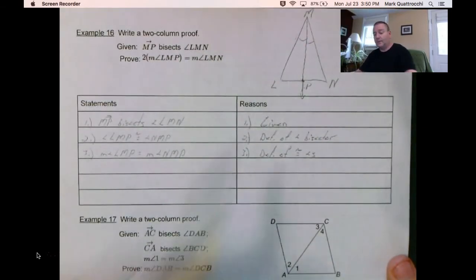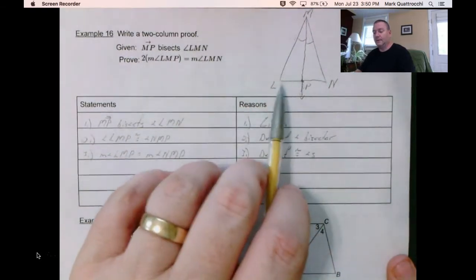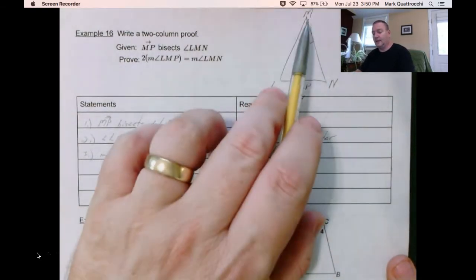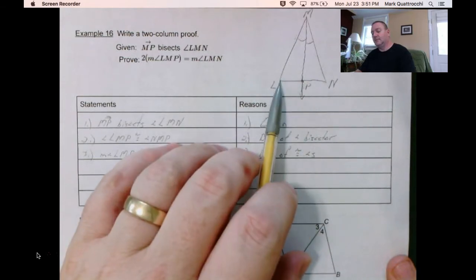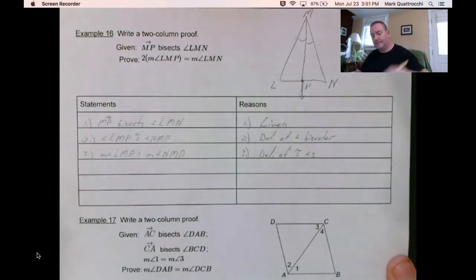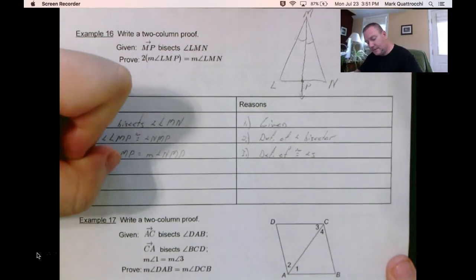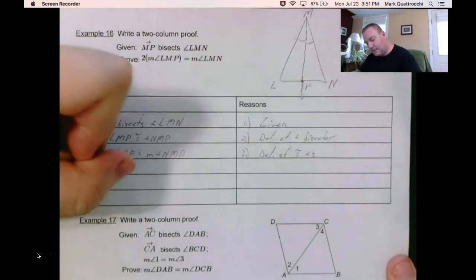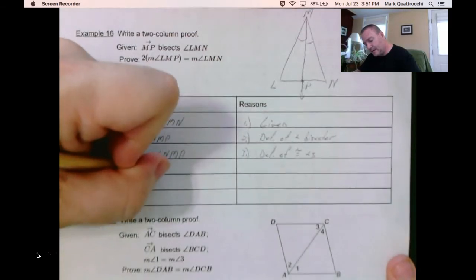What else do we know? Well, we know if we add this angle to this angle, we get the big angle. So measure of angle LMP plus the measure of angle NMP is equal to the measure of angle LMN.